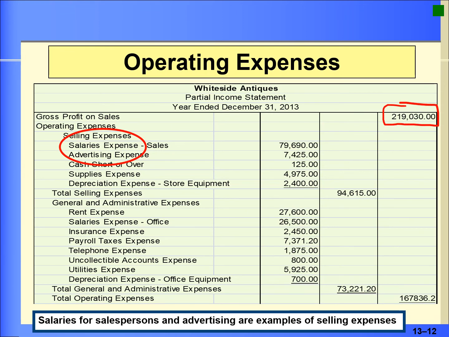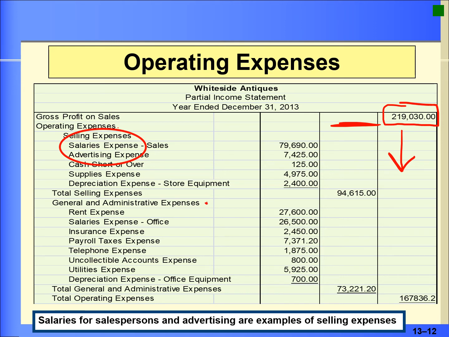Once you get this gross profit, everything below gross profit is all of your other expenses, selling, admin, whatever it takes to run the company, but it's basically all your non-inventory types of period costs. And notice you have all these categories. You have operating expenses, general, admin, and they list them all out here.